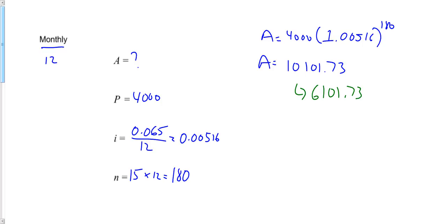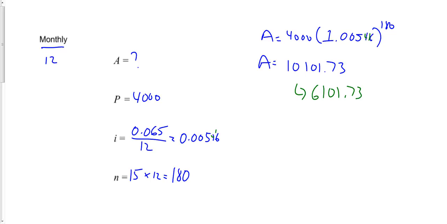So 0.065 divided by 12 is 0.005416. I missed something. That's why.